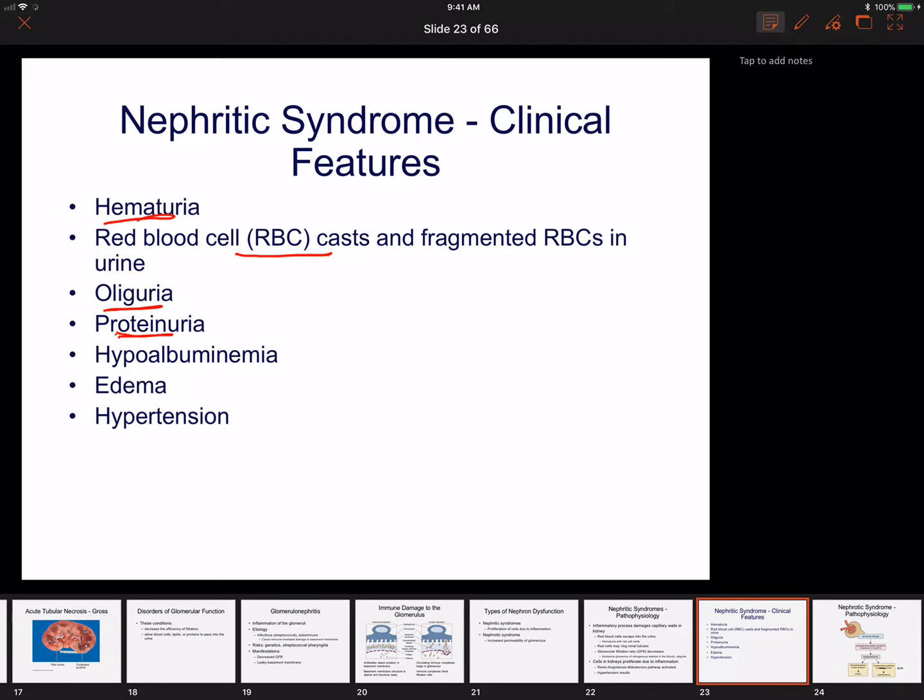So because of the loss of that protein, we may end up with low protein level in the blood, hypoalbuminemia. Now technically, hypoalbuminemia is a type of hypoproteinemia. Because albumin is the most abundant type of protein, we're using its name in describing the condition: edema and hypertension.